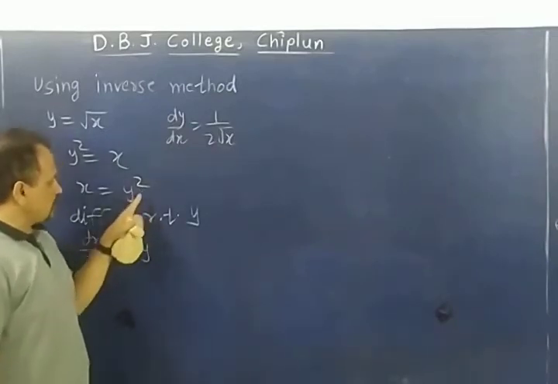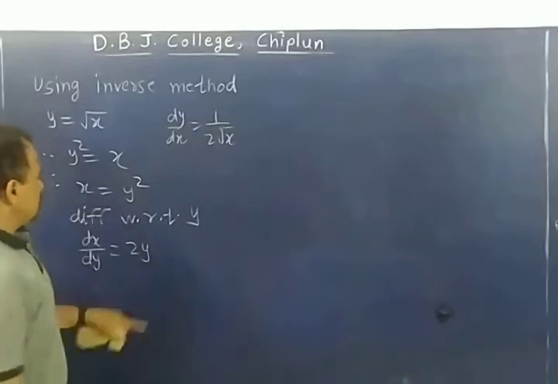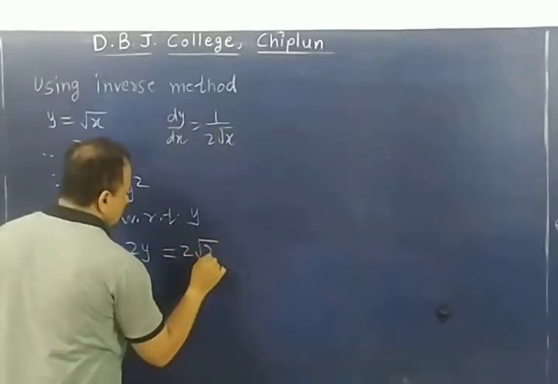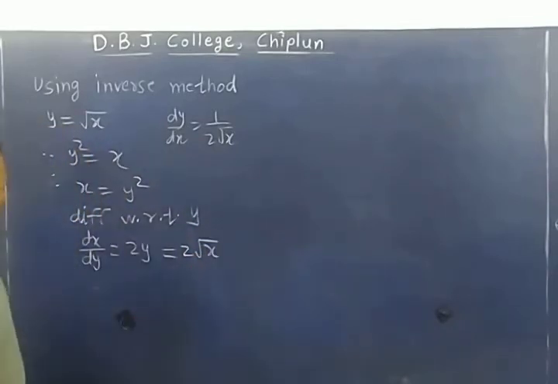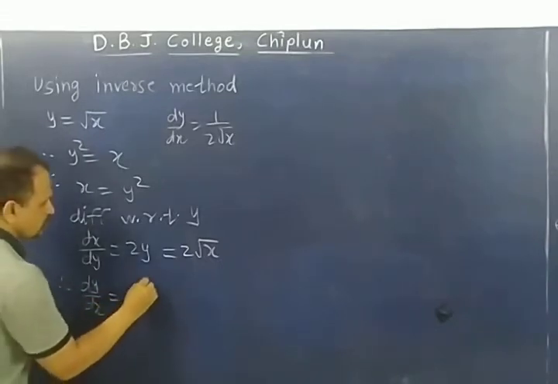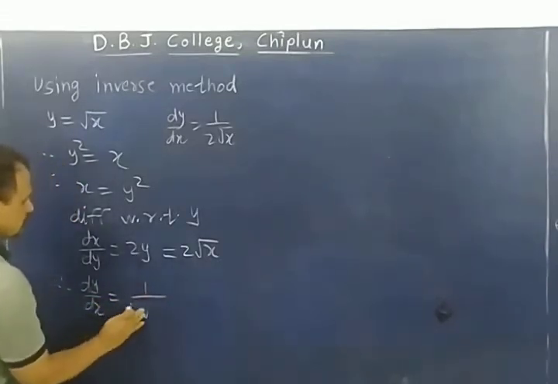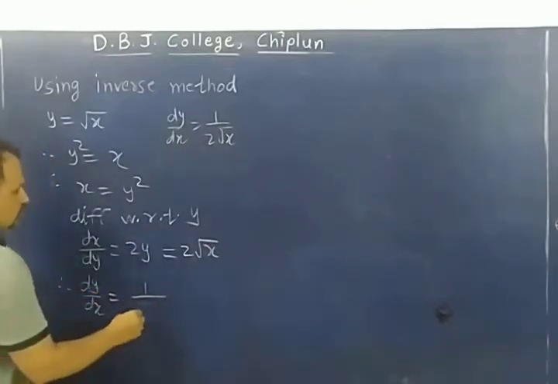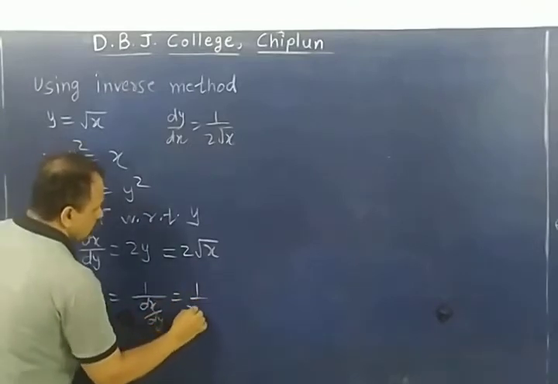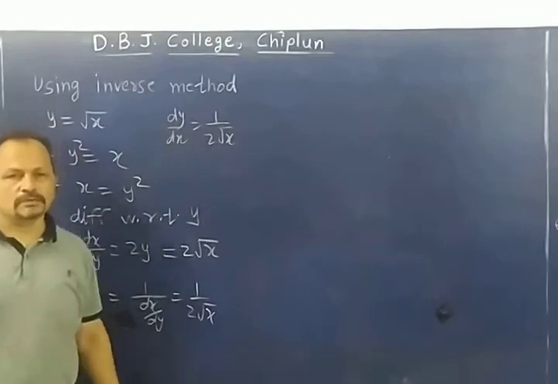Derivative of y square with respect to y is 2y. But y means root x, that is 2 root x, and therefore dy by dx is equal to 1 upon dx by dy equal to 1 upon 2 root x.